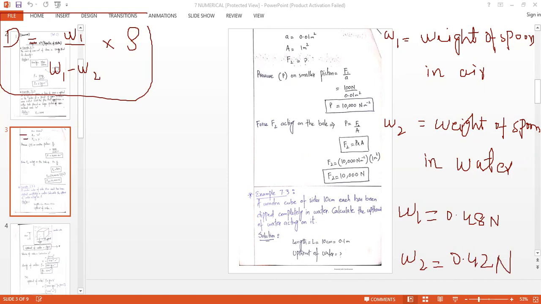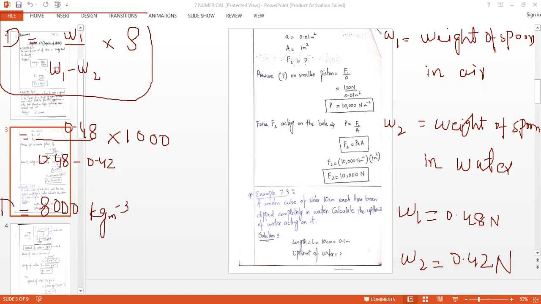So it equals 0.48 divided by 0.48 minus 0.42, multiplied by 1000. So this whole equals 8,000 kilogram per meter cube. This is the value of density.